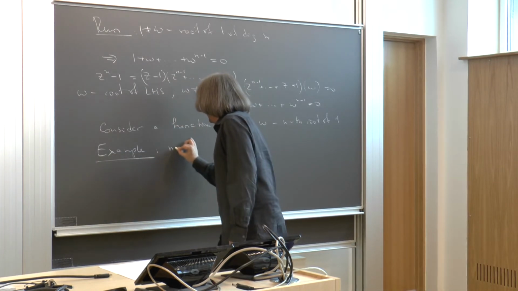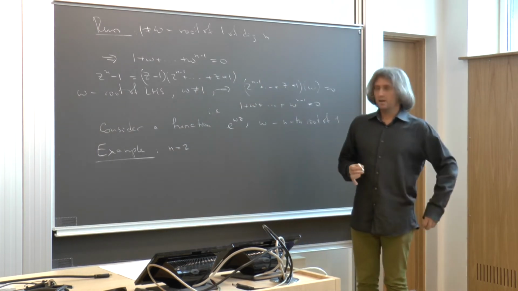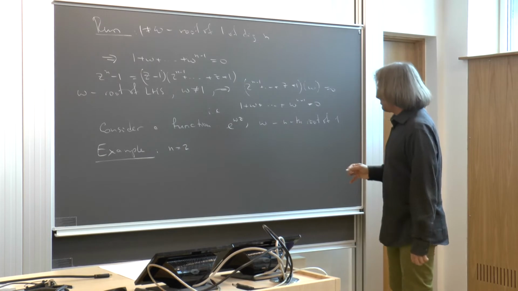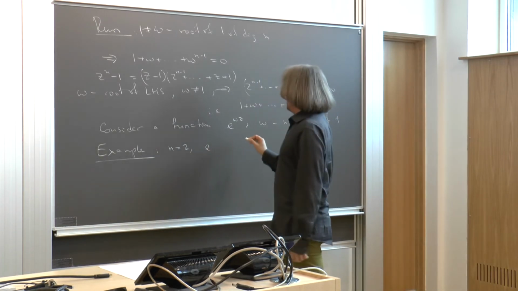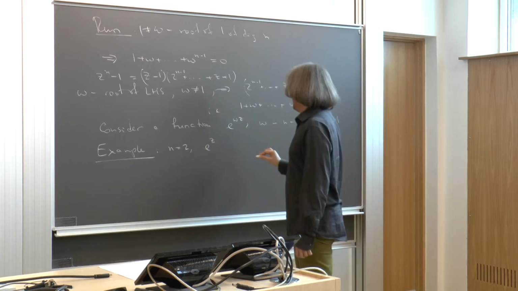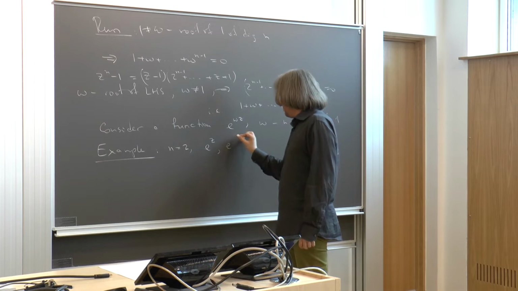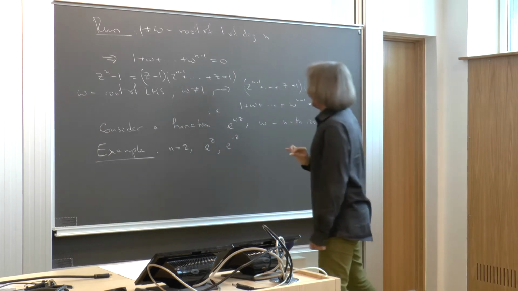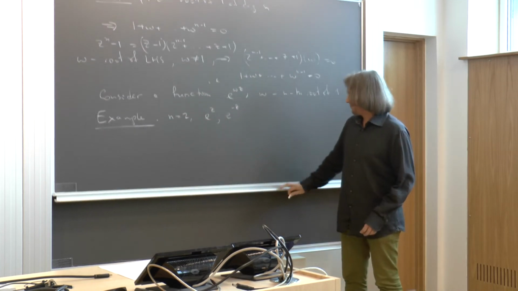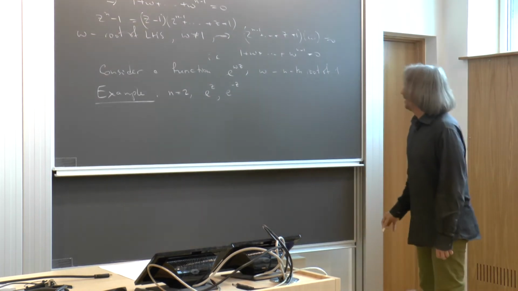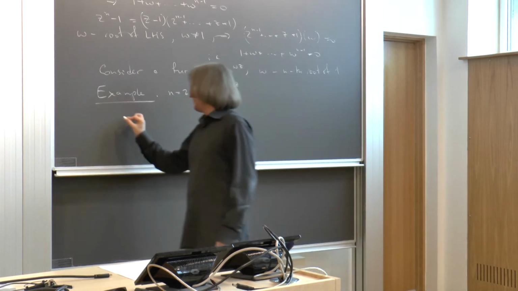Take n equal to 2. Then the functions I'm talking about are e to the z and e to minus z. Let's differentiate this function.